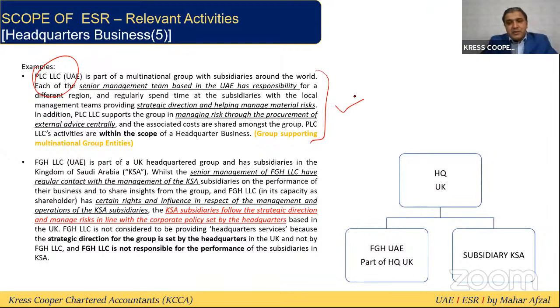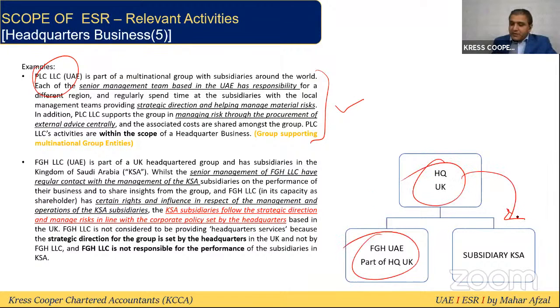In the second example, they said there's one company FGH in UAE. This is a part of a UK company, and this UK company has one more subsidiary in KSA as well. So the UAE company is providing services to the KSA subsidiary. They are taking certain rights and influence in respect of management.